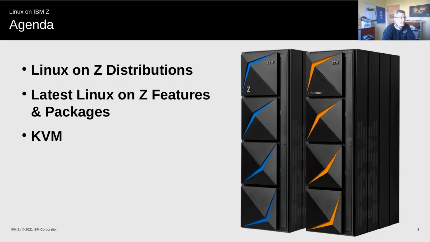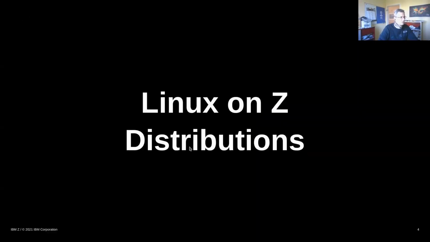After that, we take a look at all of the latest Z features, and I'm also going to highlight some of the packages we're supporting, either by just making them available on the platform or by providing them in the first place. And finally, we take a look towards KVM and what's going on in that area. So let's start right away.